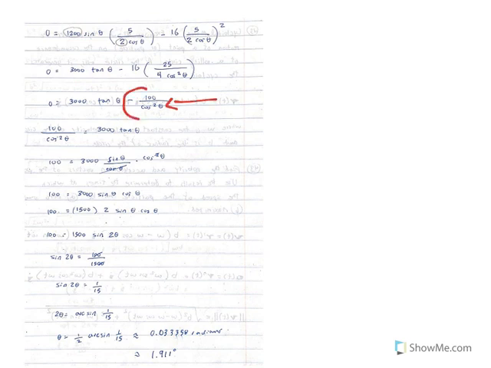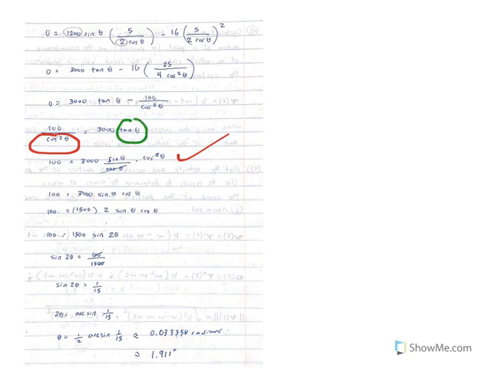The next step would be to add this term to both sides of the equation. And I have 100 over cosine squared theta is equal to 3000 times tangent theta. And then I can multiply both sides of the equation by cosine squared theta. And when I do that, I get this line.